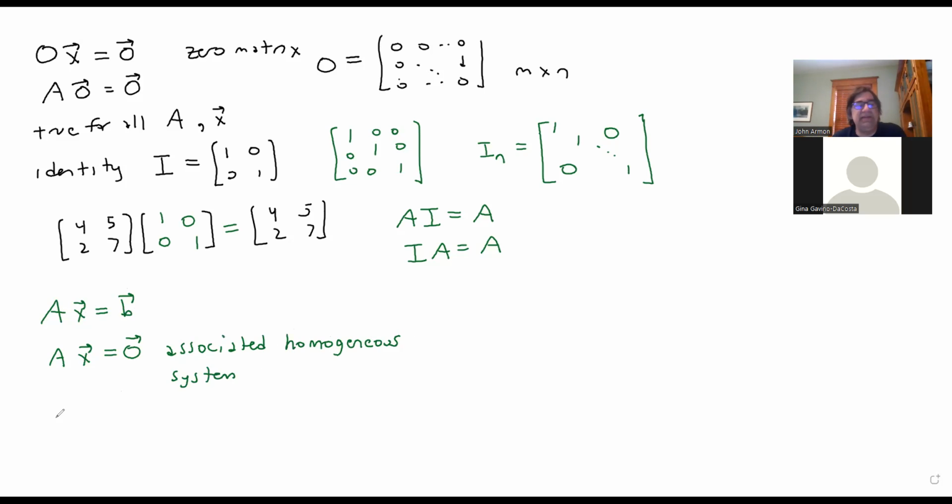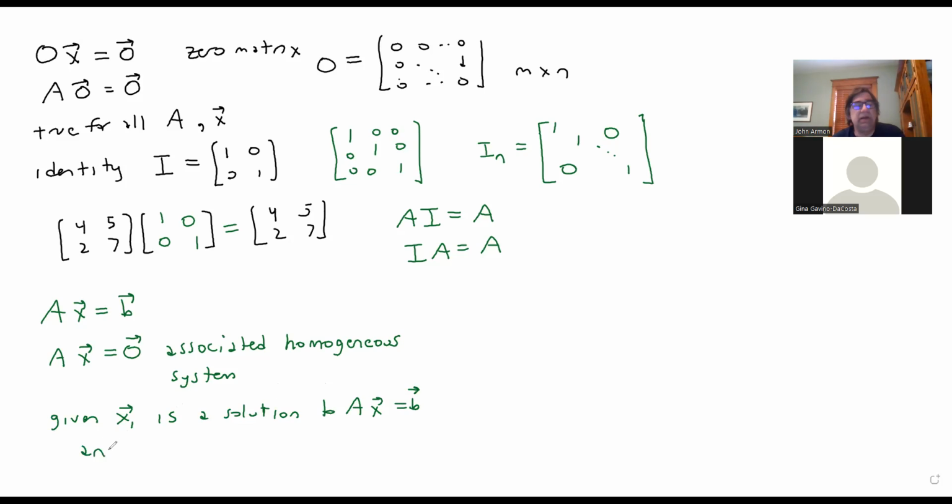And let's say we have a solution, we'll call it x sub 1, to this system right here. Now, if the system only has one solution, that's of course the one you want to use. But for ones that are consistent with many solutions, you just take one of them. So let's say x sub 1 is a solution to that system right there.